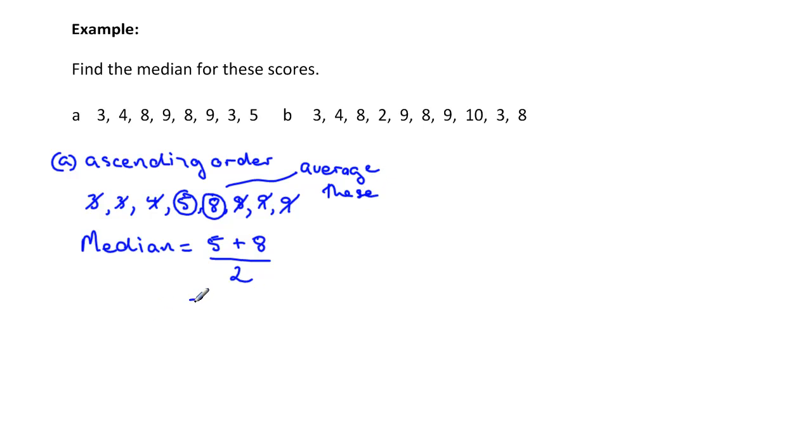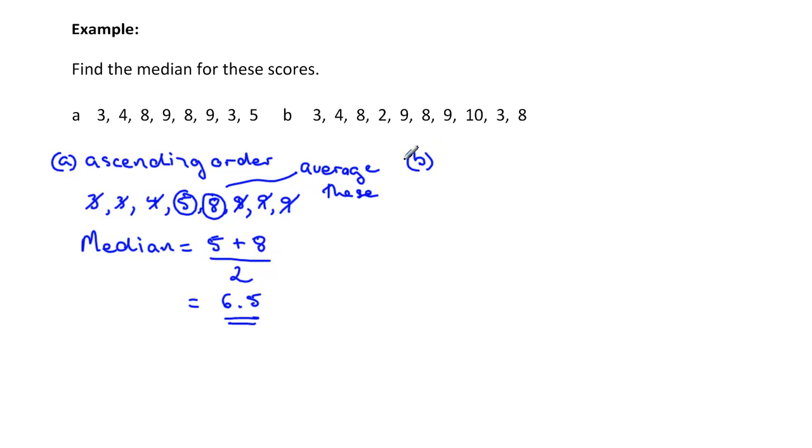So if we work that out, our 5 and our 8 divided by 2 actually gives us 6.5. You'll notice that the median doesn't actually have to be one of the scores, and it may not be one of the scores if the average is taken of the two numbers. So in this case, the median is 6.5. Good point to remember.